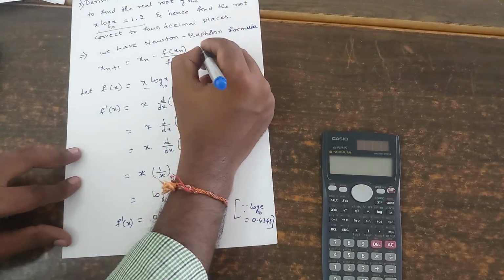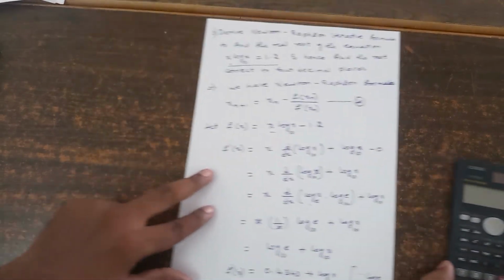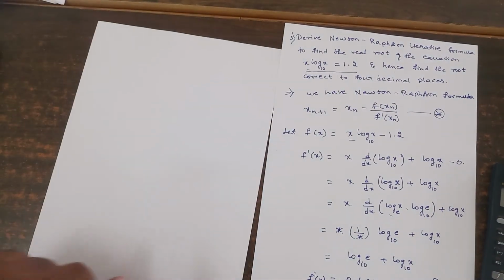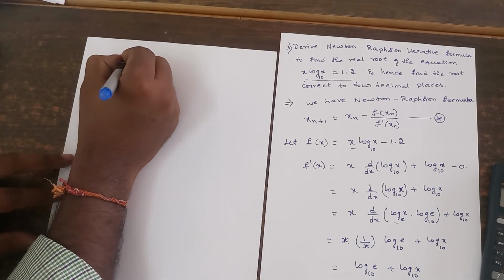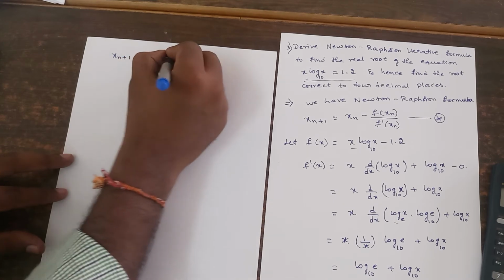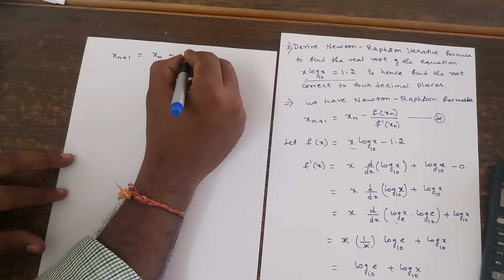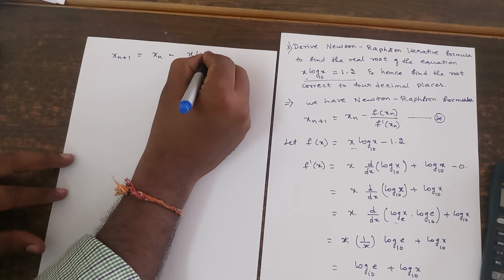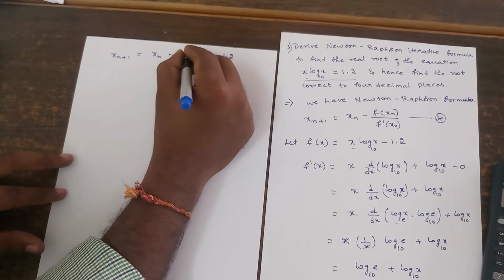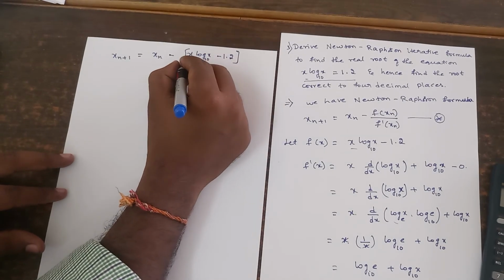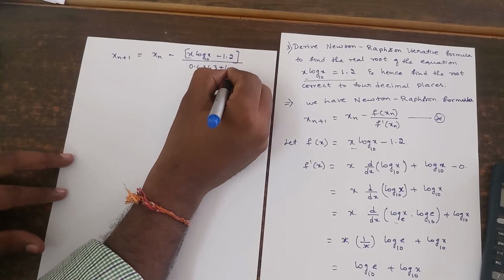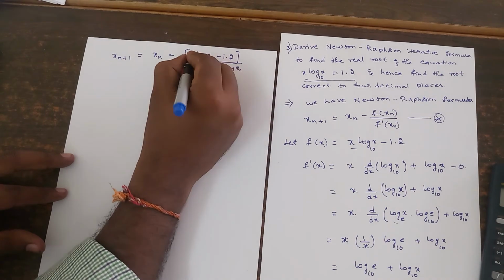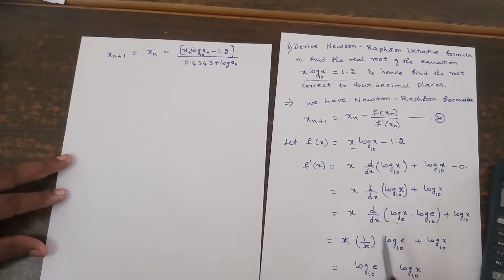Now substitute in equation star. So xn plus 1 equals xn minus, where f of x is x into log x base 10 minus 1.2, divided by 0.4343 plus log xn, because we want f of xn here.